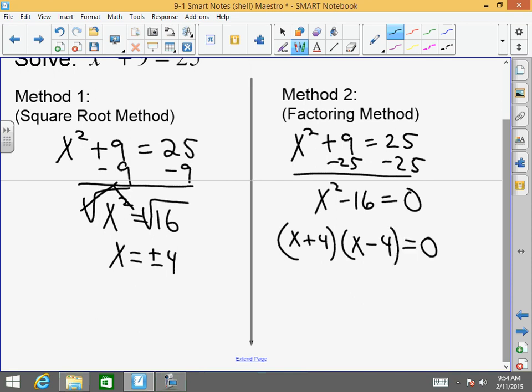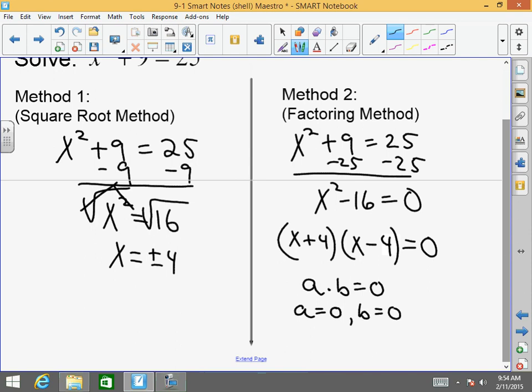And now you activate what's called the zero product property. The zero product property states that if A times B equals 0, then A can be set equal to 0 and B can be set equal to 0.